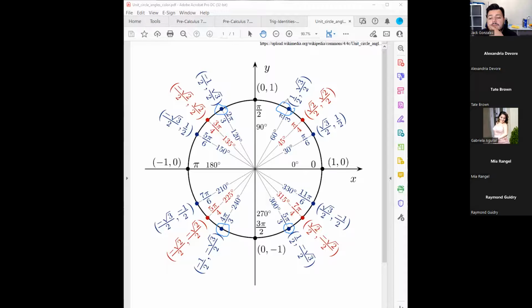What's the distance from 60 degrees all the way to 240? Yeah, it's 180, right?